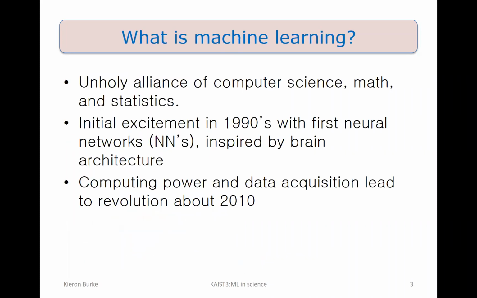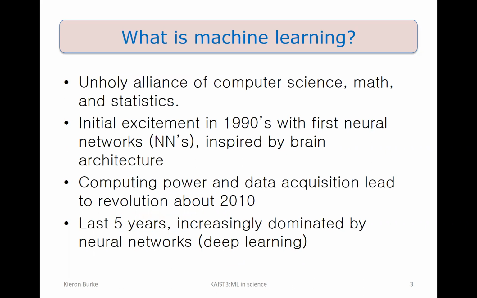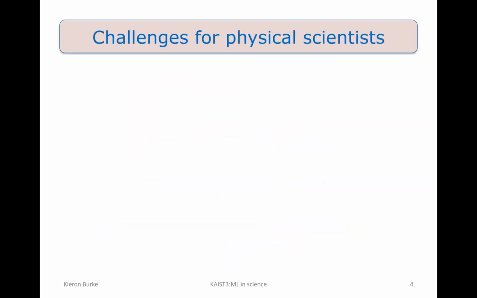So we've had all this from yesterday, how machine learning has taken off, especially in the last 15 years or so, and 5 years ago, it really became dominated by neural networks. Some of the examples I was using yesterday were kernel ridge regression, and we'll see we used that at first, and now we don't so much.